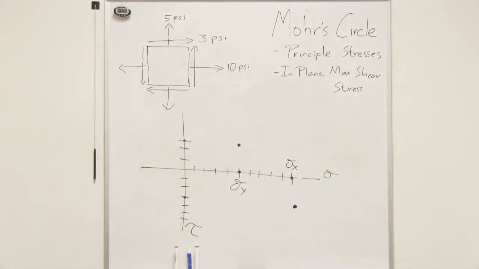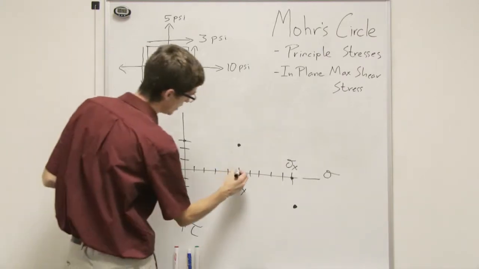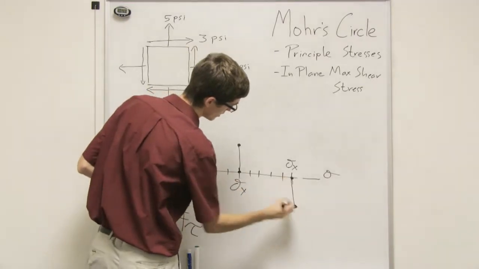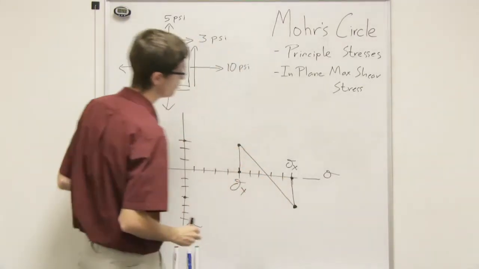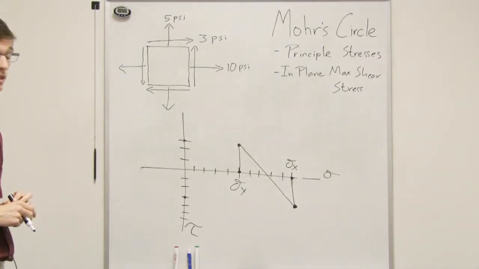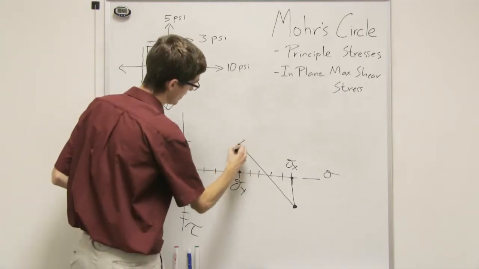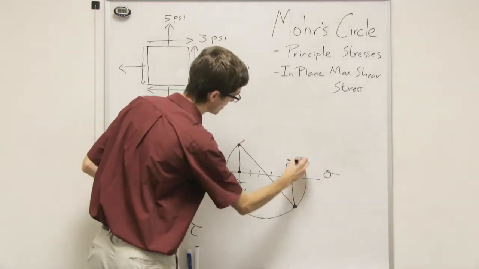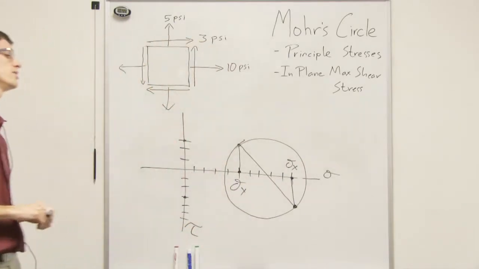Anyways, what we do now is draw a line between those 2 points. And now we draw a circle around it. That line is our diameter. And so we have a circle that runs right around there.